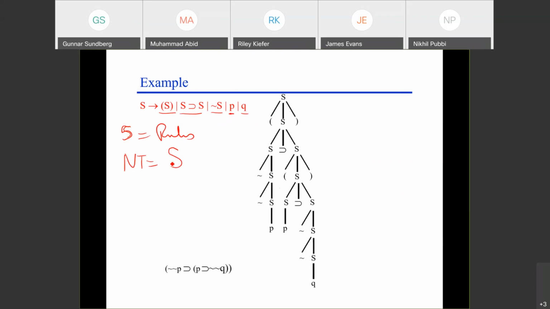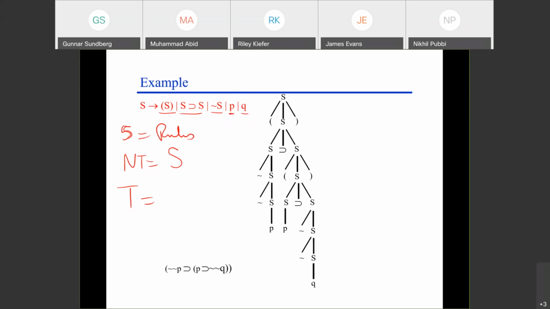So how many terminals do we have here? Is it three terminals?